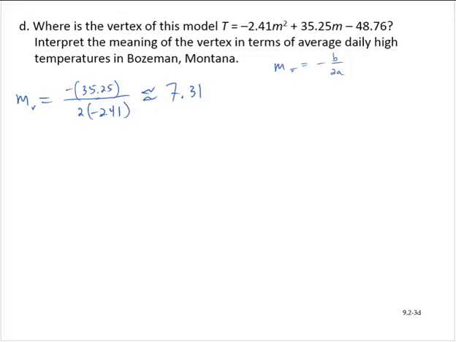Okay, so not y, but T. The temperature value of the vertex, we will now substitute 7.31 into the model. So I'd have negative 2.41 by 7.31 squared plus 35.25 by 7.31 minus 48.76.